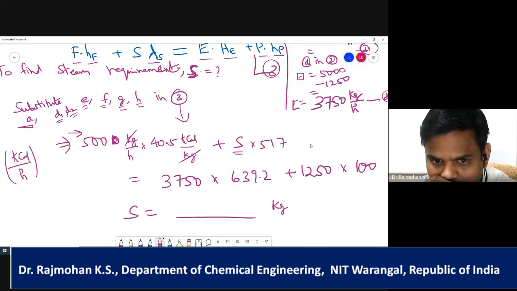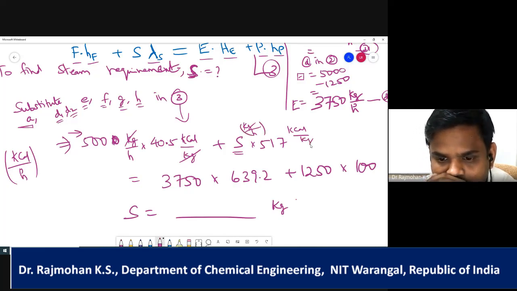Steam, no, it is again kg. Yeah, S is in kg per hour. This is in kilocalorie per kg. Okay, so the S will have a unit of kg per hour only.